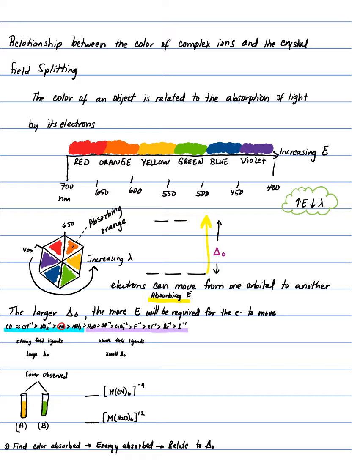The amount of energy is increasing as the wavelength is decreasing. That's the relationship between wavelength and energy. They are inversely proportional. So now your wavelengths are related to the colors, and the colors are related to the amount of energy.